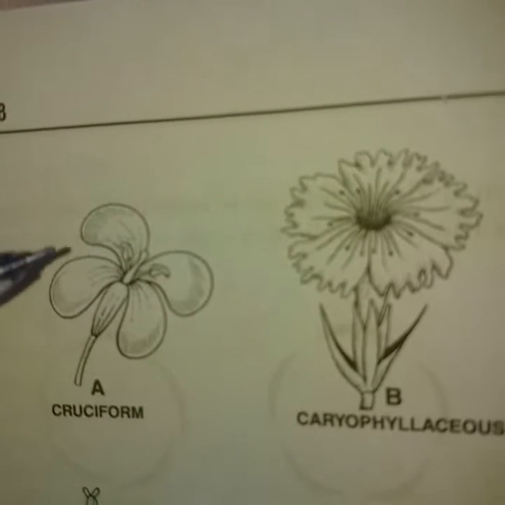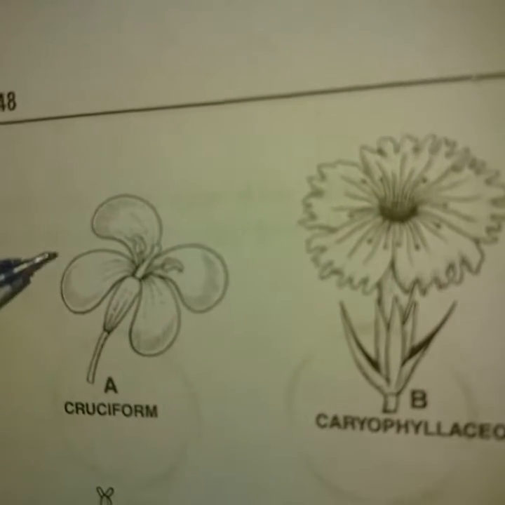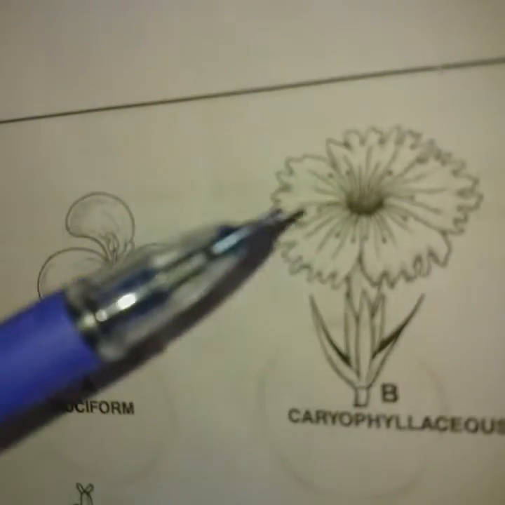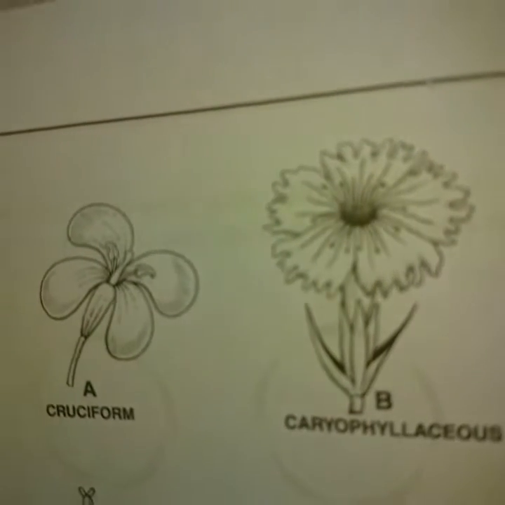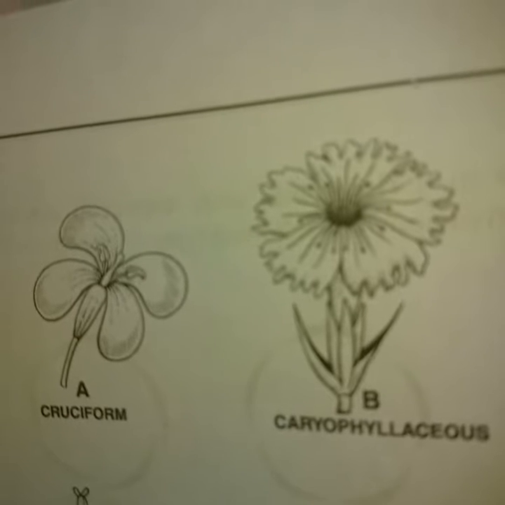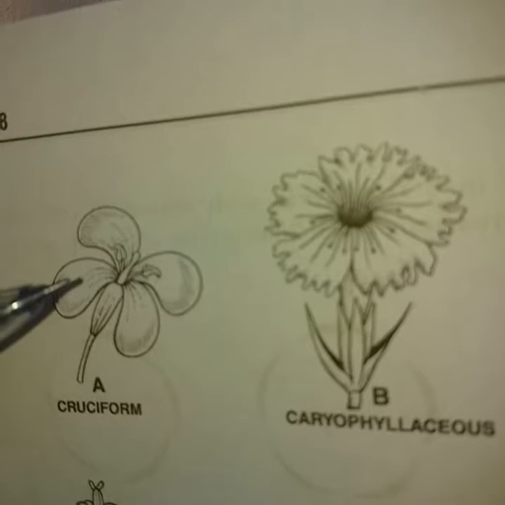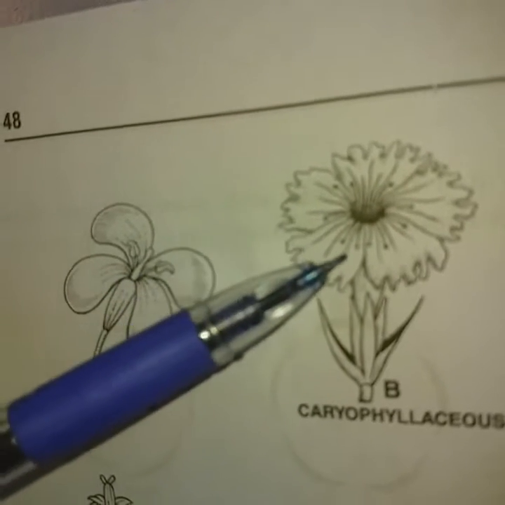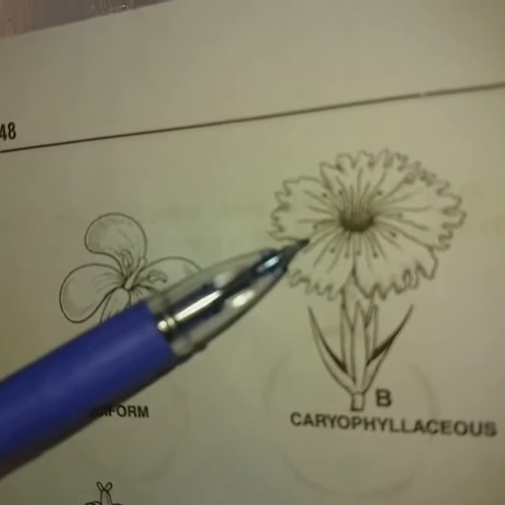So this structure is polypetalous because petals are free from each other, and in this structure petals are joined with each other, so it is called gamopetalous. It is polypetalous because petals are free, and gamopetalous because petals are joined or fused.